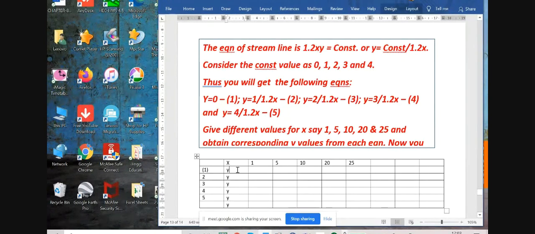So from the first equation, the values of y are 0.